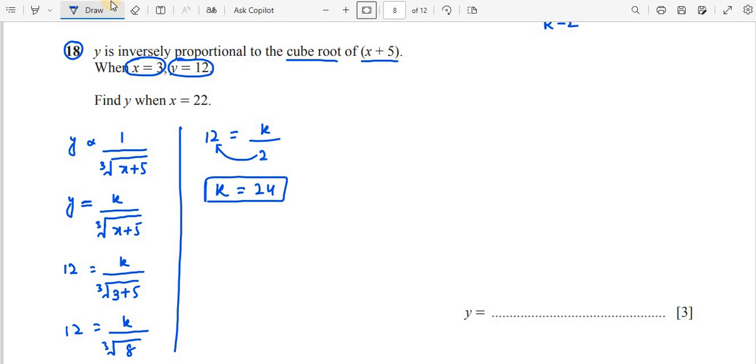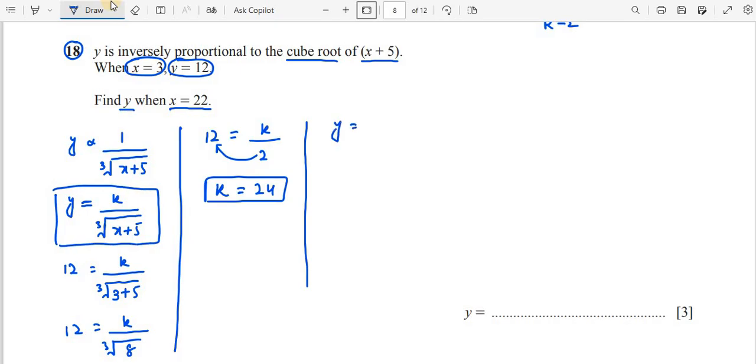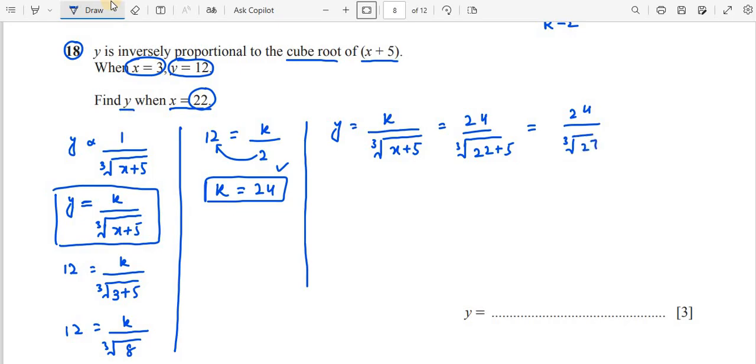And now we find y if x is equal to 22 using this formula. This is our main equation of this question. So y is equal to k over the cube root of x plus 5, k is equal to 24, over the cube root of 22 plus 5, which is 24 over the cube root of 27.